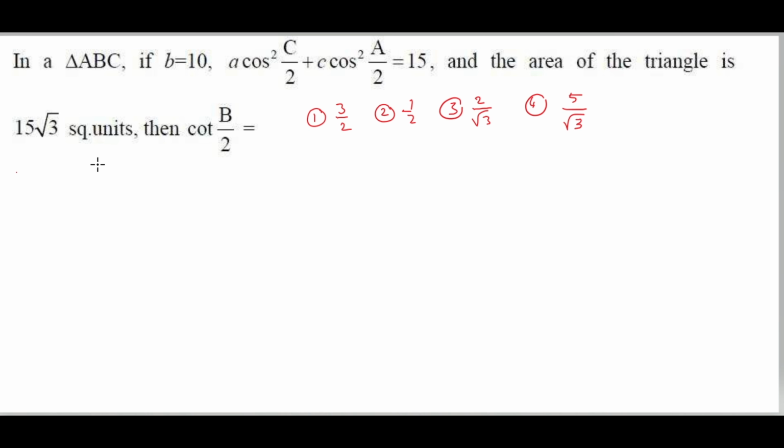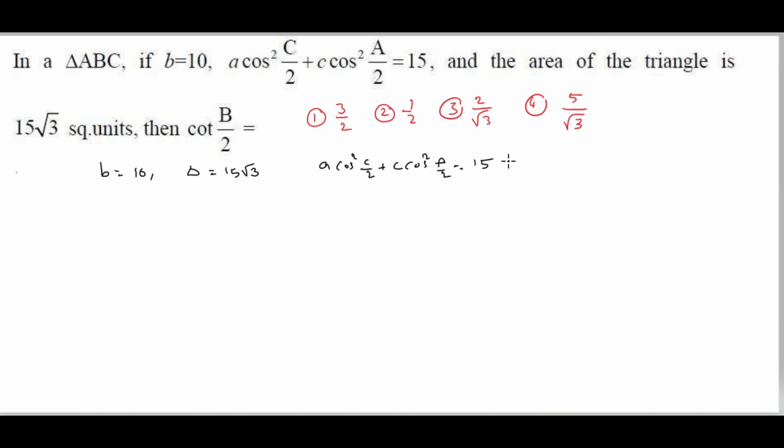Here small b is equal to 10 and the area of the triangle is given, that is delta is equal to 15 root 3, and here given a cos square C by 2 plus small c cos square A by 2 is equal to 15.